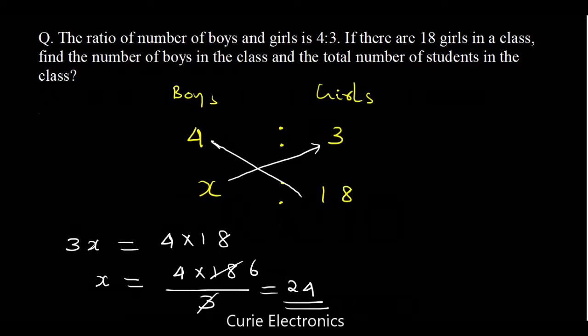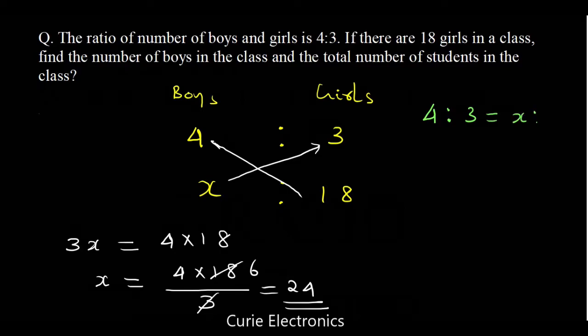You see, this is the mathematical method we have approached. In a logical way also you can solve it. How? See, we have the ratio as 4:3. The other ratio we have, x to 18, should be equal, because ratios remain equal whether you multiply or divide.